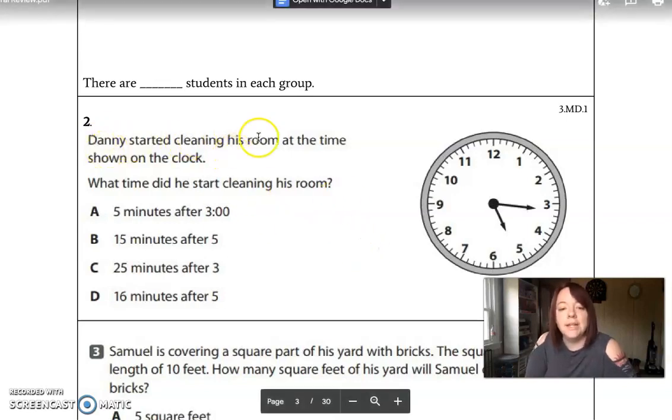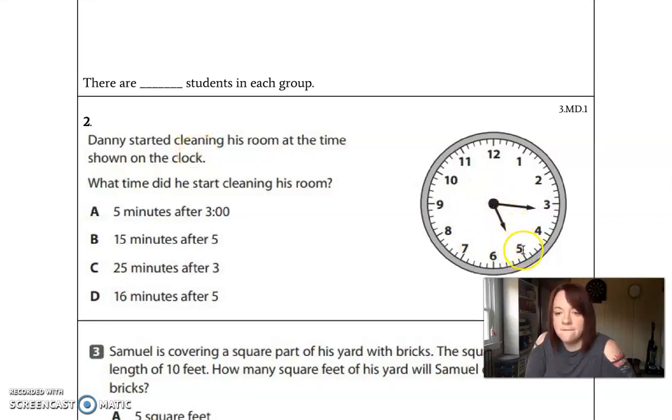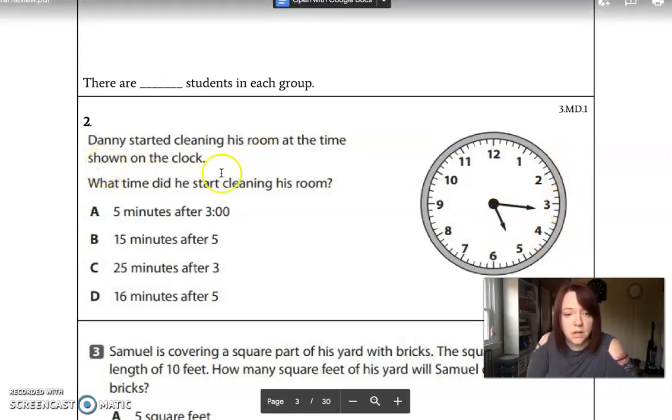So, we have the hour hand on the 5. The minute hand is almost touching the 3. Now, if we can remember, we always have to count by 5s when we're talking about minutes. So let's look. What time did he start cleaning his room?